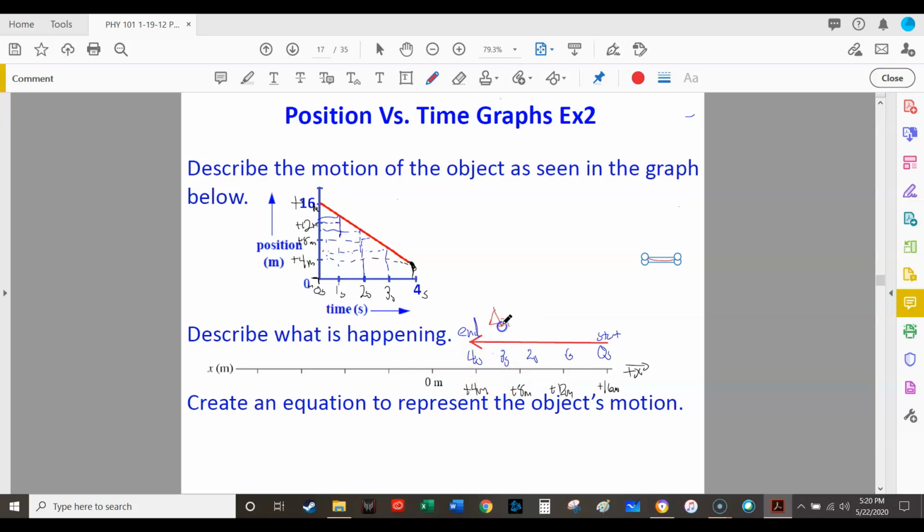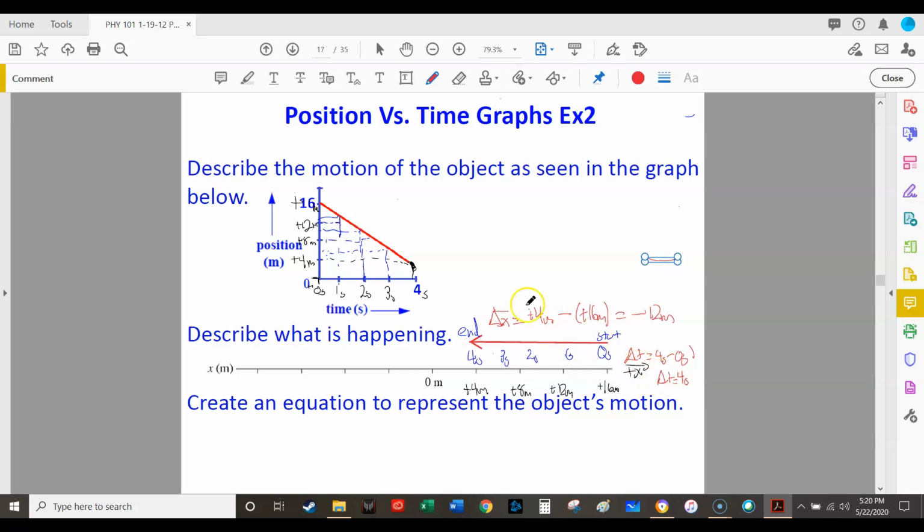But the displacement is what we're worried about, which is going to be the positive 4 meter mark minus the positive 16 meter mark, which means that displacement vector is going to be negative 12 meters, right? Which makes sense because that's to the left. And over a total time, delta t is going to be 4 seconds minus 0 seconds. So that's going to be delta t of 4 seconds, right?